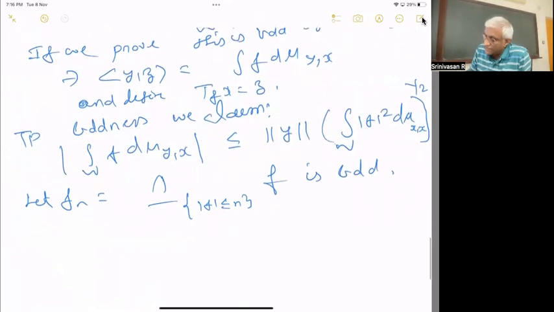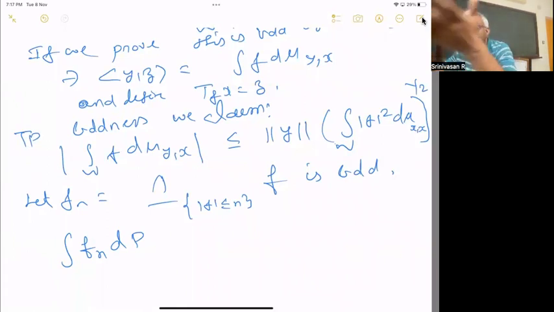Maybe I will give this proof later. Then this makes sense: the integral of f fn dp makes sense in the strong sense. You can integrate any simple function. It is just addition.